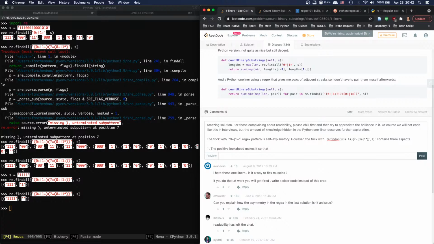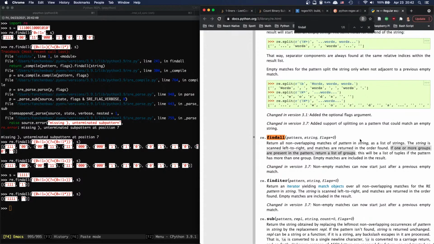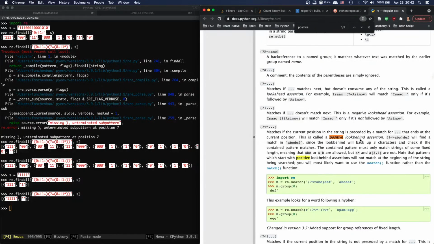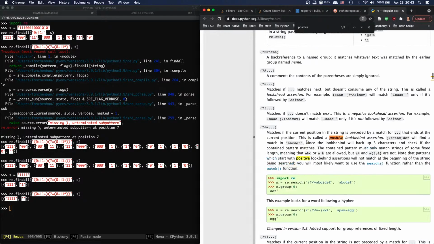I mean, positive look ahead means we'll match, but we just don't consume. I think that's the trick, right? Positive look ahead says it'll match, but it does not consume. Let me find the text for this.